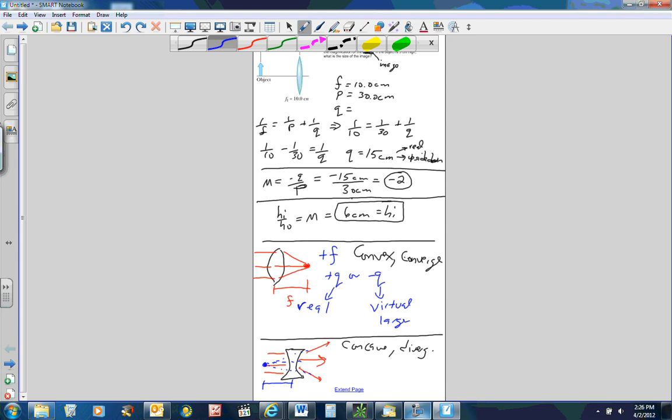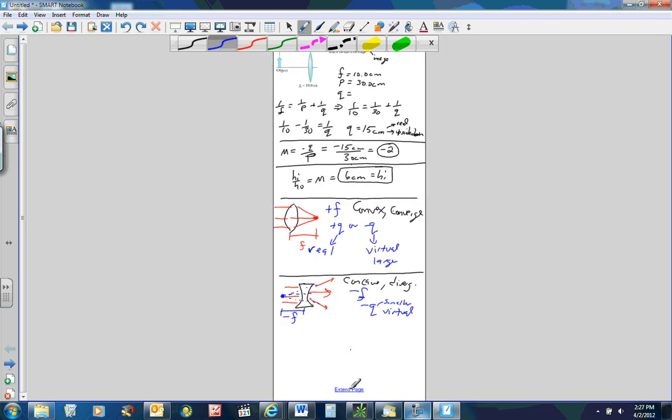So from here to here is a negative focal point. So these always have a negative focal point, and they always have a negative Q. It's always a smaller virtual image. There are no images that are real in this case.